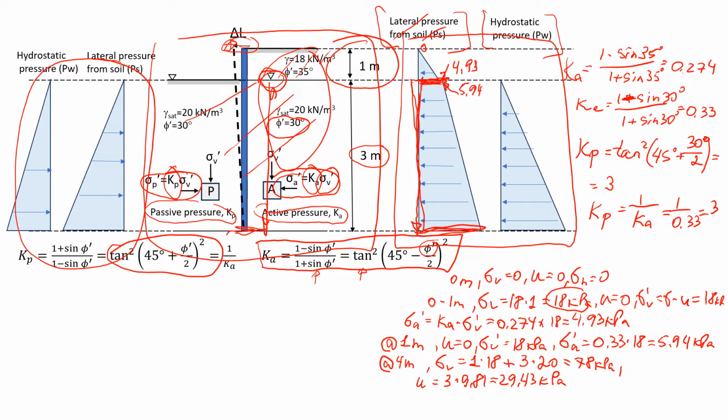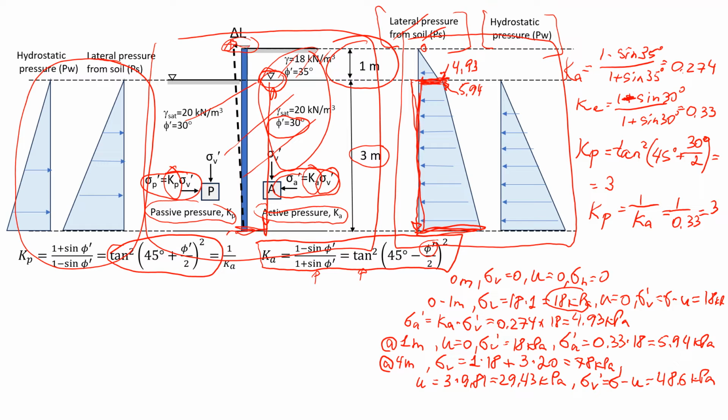Then I will round it to 29.4, and the effective vertical stress at 4 meters will be total stress minus pore water pressure. According to my calculations, it should be 48.6 kPa.